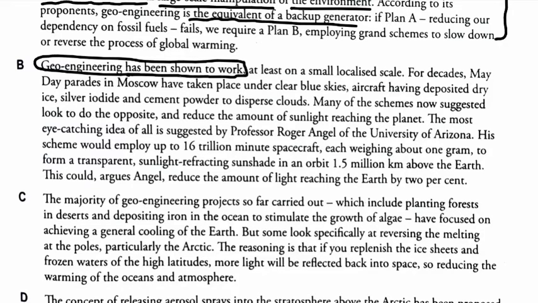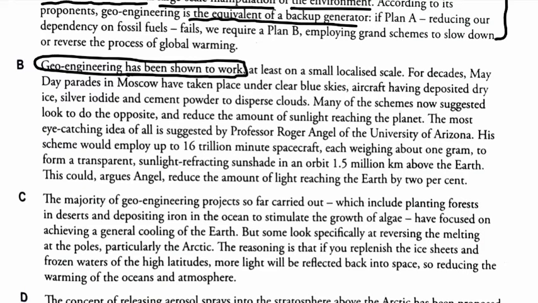Geoengineering has been shown to work at least on a small localized scale. For decades, May Day parades in Moscow have taken place under clear blue skies, aircraft having deposited dry ice, silver iodide, and cement powder to disperse clouds.